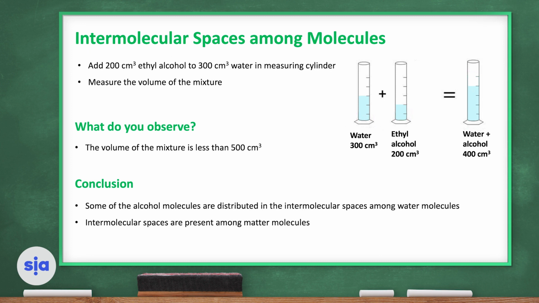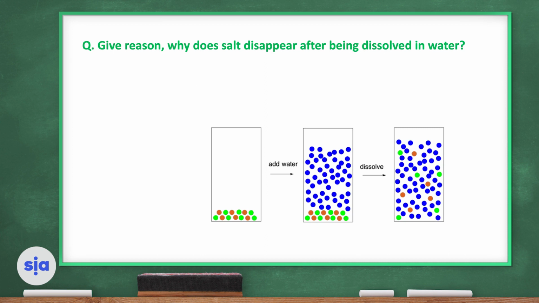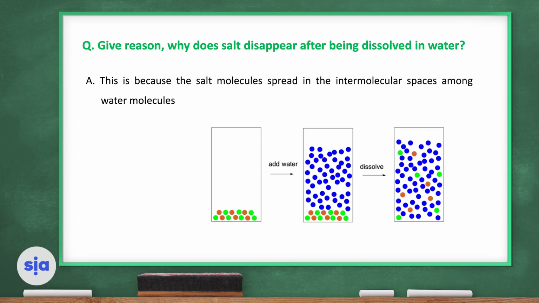Intermolecular spaces are present among matter molecules. So now, can you give me a reason why does salt disappear after being dissolved in water? Where does it go? The salt molecule will spread in the intermolecular spaces among water molecules and dissolve.